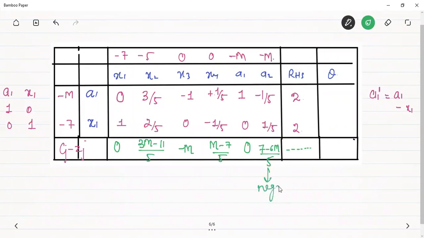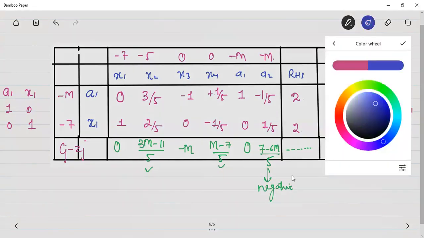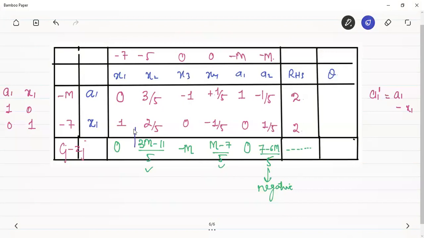Okay, this is negative, but these two will be positive. Which ones are positive? This will be positive, this will be positive. Now which will be entering? That will be decided by the higher coefficient. It has a coefficient of 3, therefore it will be a very large number, and this will be the entering variable.